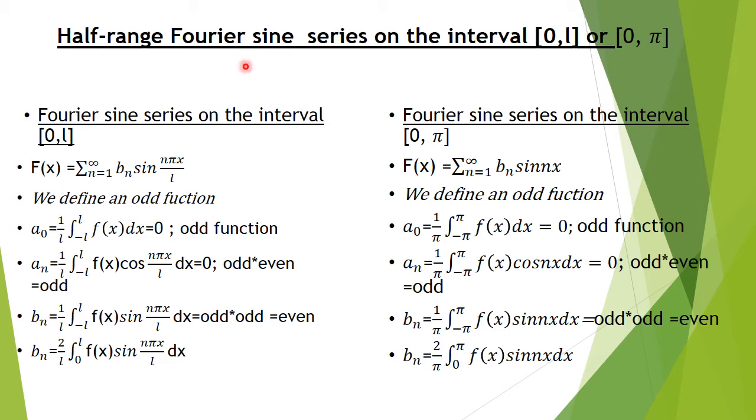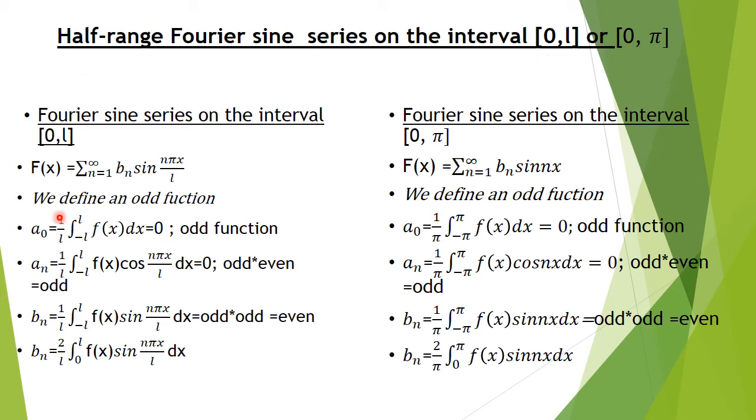We have extended the function to minus L to 0 as f of minus x equal to minus f of x, and f of x remains the same as f of x on 0 to L. Therefore it becomes an odd function on minus L to L. So if you consider the overall interval minus L to L, it becomes an odd function.